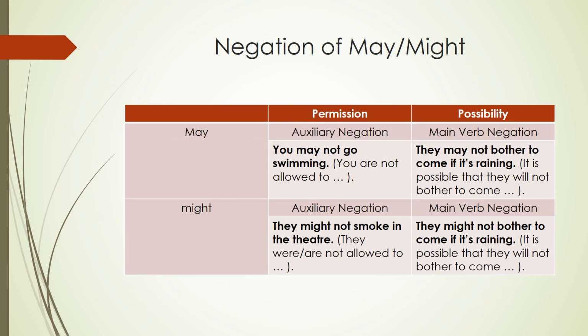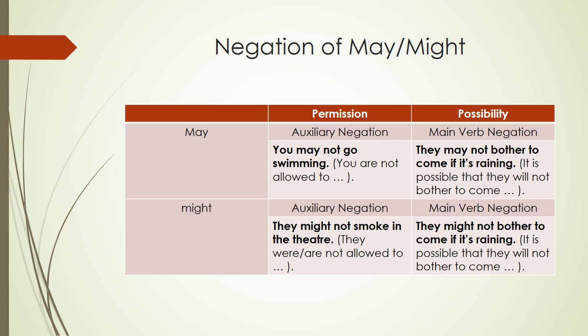If we move to another modal auxiliary, which is may, and the past form of may is might, we know that may or might are used to express two meanings, either permission, to give permission, or to talk about possibility. Here you are going to see there is a difference between the two meanings.